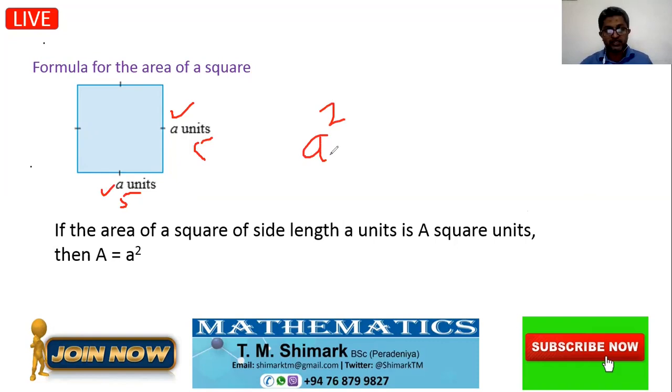Square or rectangle, almost the same, only multiplying both sides. But in a square, both sides are equal. You have to remember that, right?